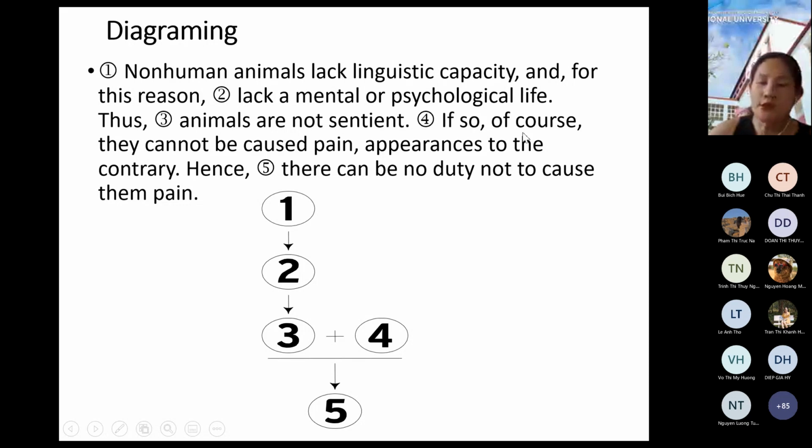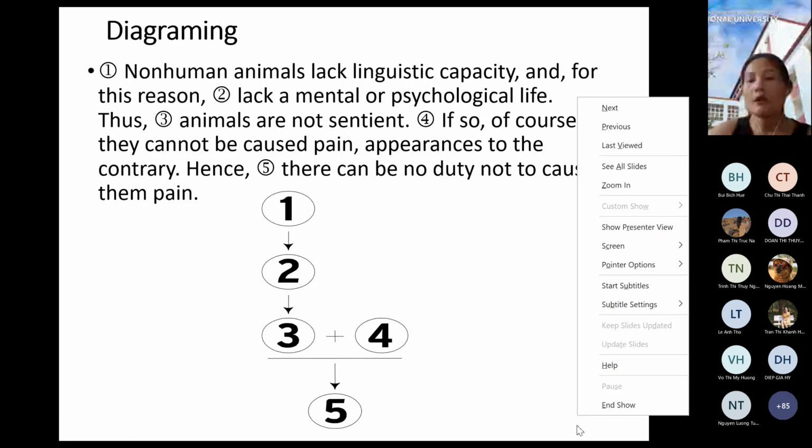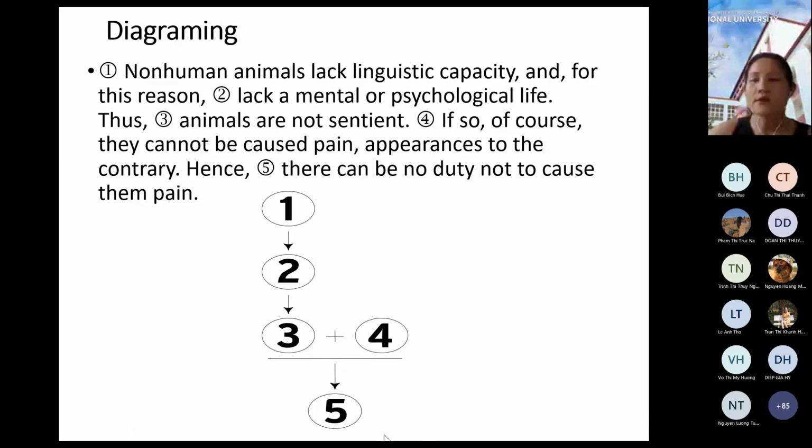And then they want to support number 3 with something else in order to come up with the conclusion number 5. Therefore, 3 and 4 are very much linked in order to come up with number 5 conclusion. Very good. So all of the 4 answers here are all correct.